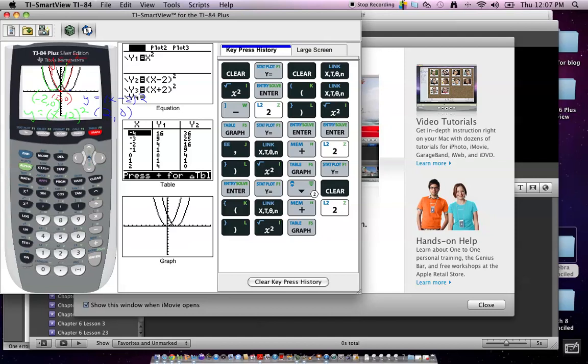Very good. What we're looking at here is a phenomenon that we call horizontal shift. Horizontal shift is going to take my standard everyday parabola, and I'm going to slide it left or right.